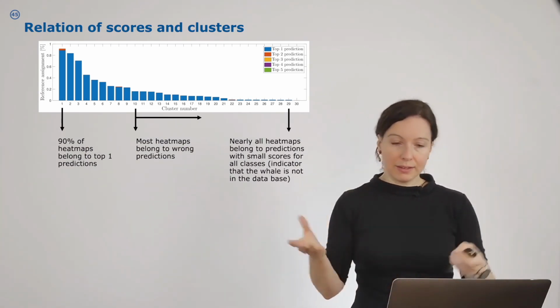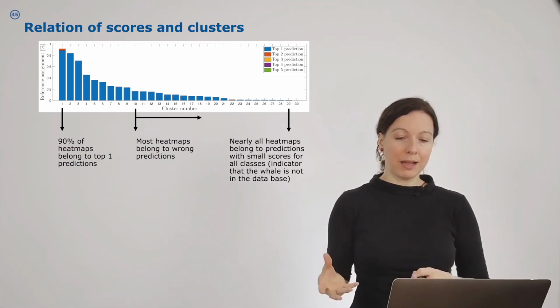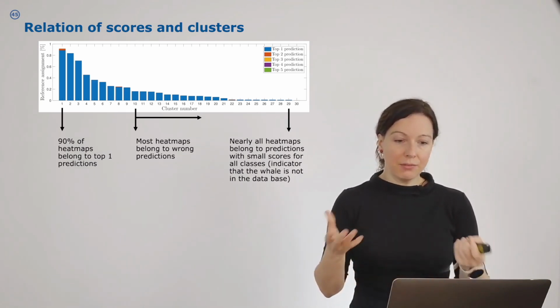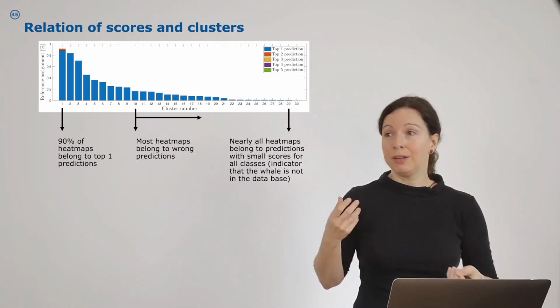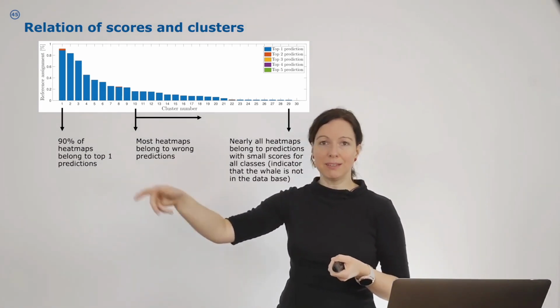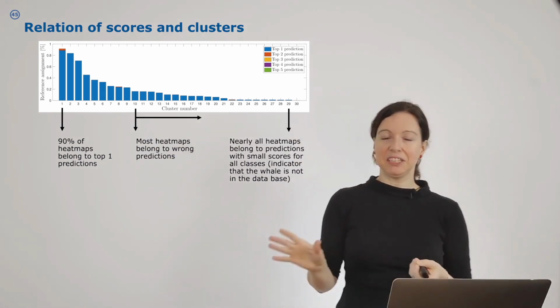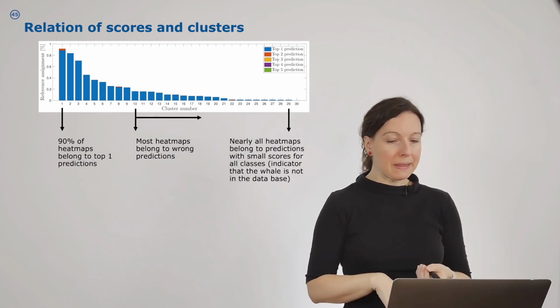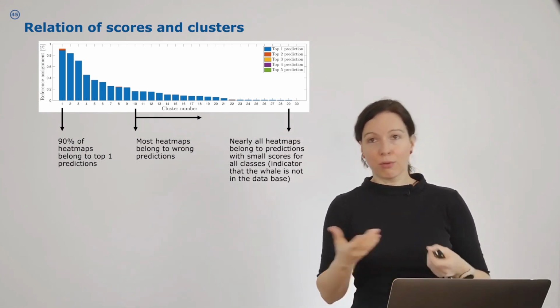And top 1, as I said, means the assignment with the highest score was also the correct one. It means if you have such a heat map, it can increase the trust in the results. If you have a heat map in this cluster, you can say it's quite safe that I get a correct assignment. For some clusters, you have wrong predictions.